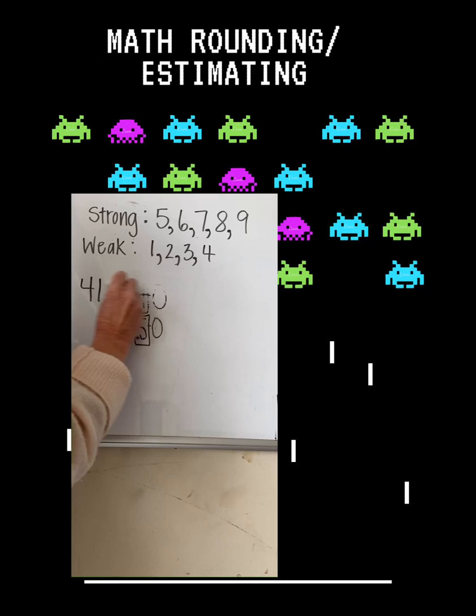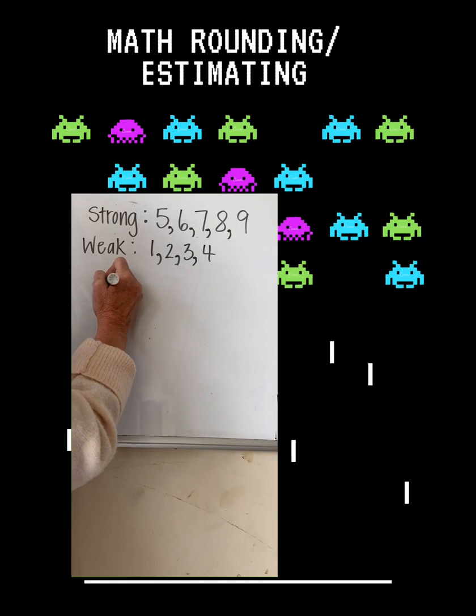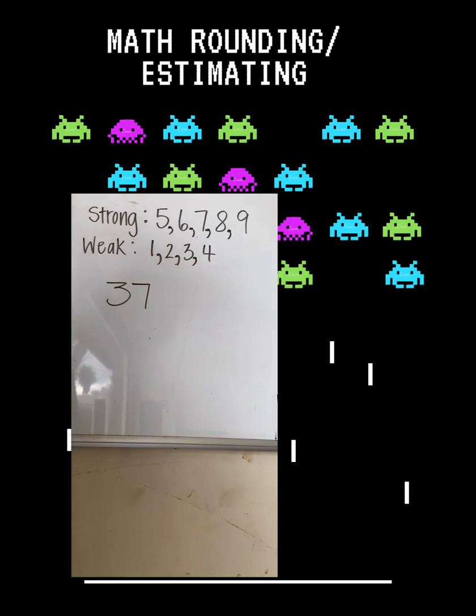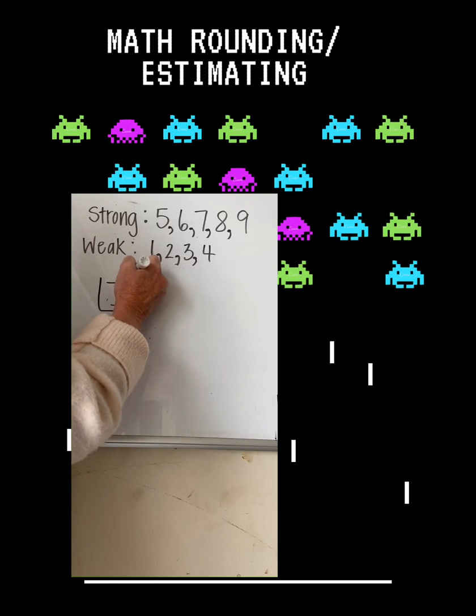Now let's take a look at one of the problems on your worksheet. It says round to the nearest 10 on number 3. The number you get is 37. All right, I'm rounding to the nearest 10, so I know my target number is the 3.